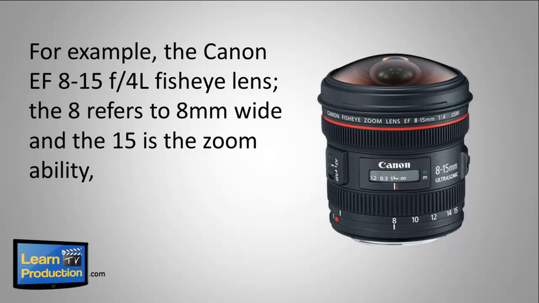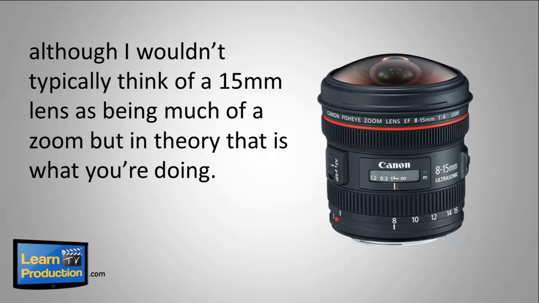So for example, the Canon EF 8-15 fisheye lens, the 8 here refers to 8 millimeters wide. That's a very fisheye look. And the 15 is the zoom ability, although still, we're talking about a fisheye lens here, so I wouldn't typically think of 15 millimeters as being as much of a zoom, but in theory, that's what you're doing.